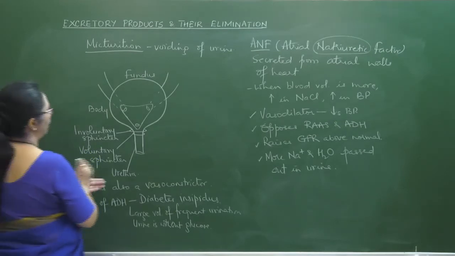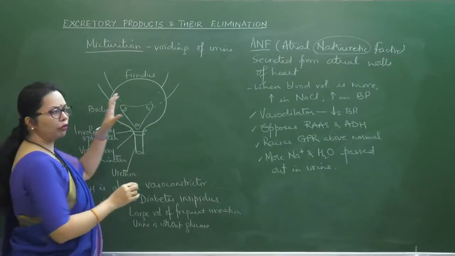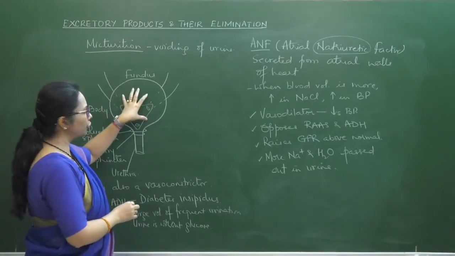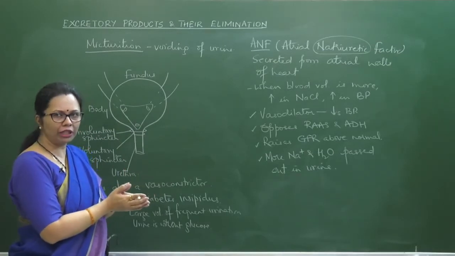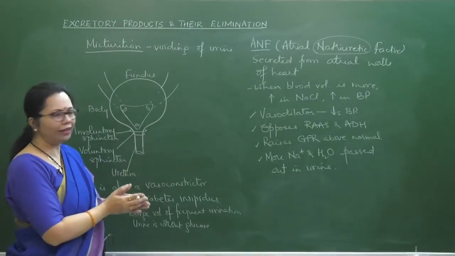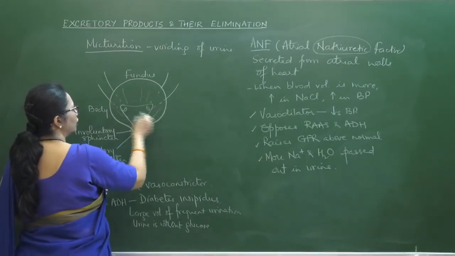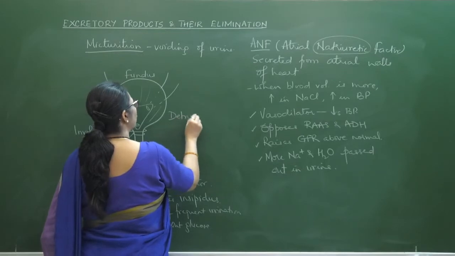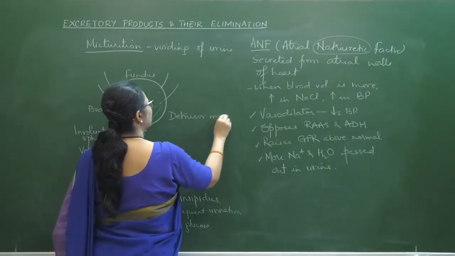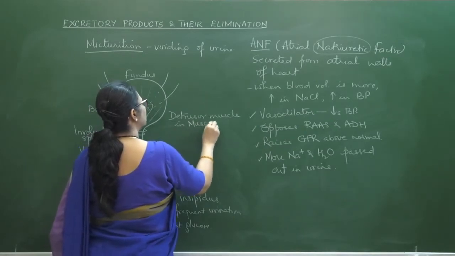Now here the wall of the urinary bladder has an inner layer of transitional epithelium. Outer to that there is a muscular layer in which both longitudinal and circular muscles are present, and we can just mention detrusor muscle in muscularis.